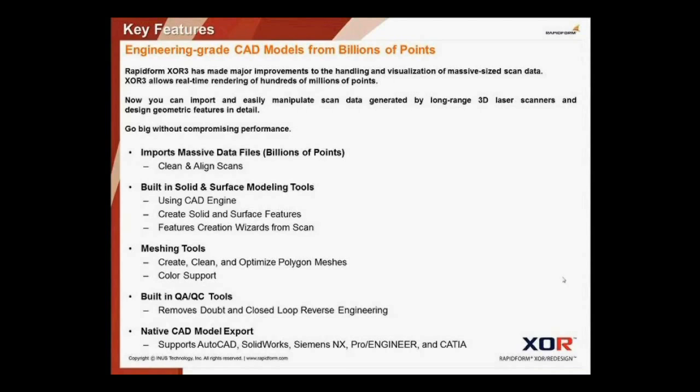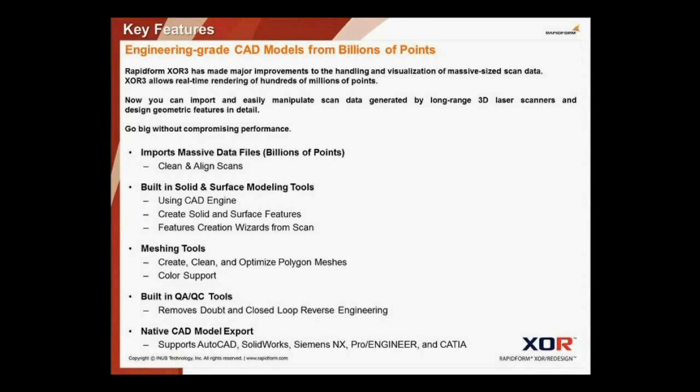We can clean and align scan data. We can use solid and surface modeling tools using the CAD engine, create solid and surface features, feature creation wizard from scan. We have meshing tools like create, clean, optimize polygon meshes, and we support color. I think in the first video you saw the bridge. There was the color mesh, color point cloud.